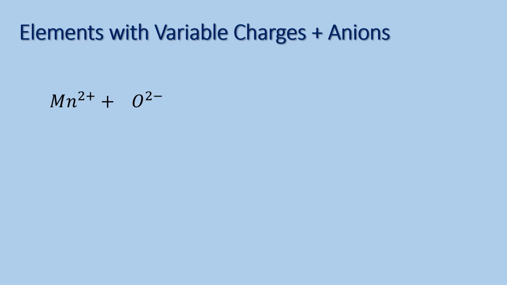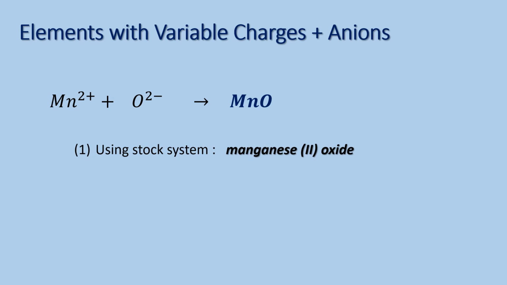Another example here would be manganese with a charge of 2 and oxide with a charge of negative 2. Since their charges are numerically equal, they will not have subscripts anymore, because these two charges will be simplified. So this will simply become MnO, or manganese 2 oxide.